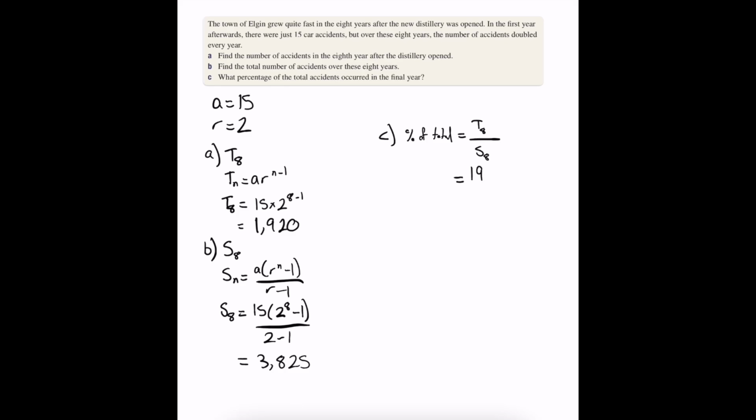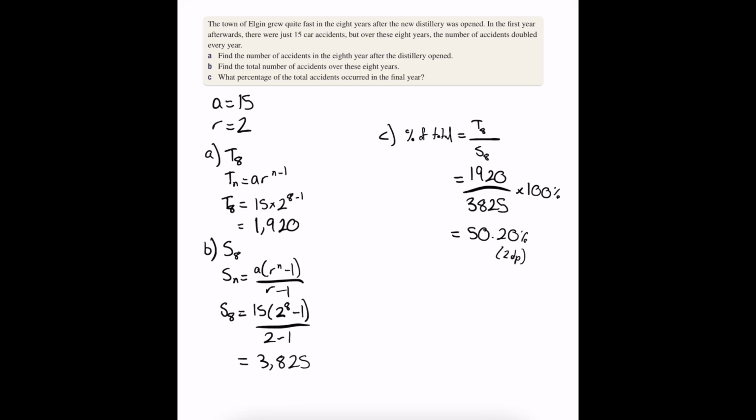And so this is 1,920, as we worked out from part A, divided by 3,825, as we worked out from part B. And as a percentage, so if we plug this into the calculator and multiply by 100%, to 2 decimal places, we get 50.20%, and that's to 2 decimal places.